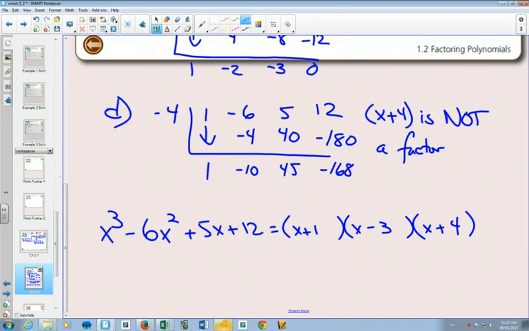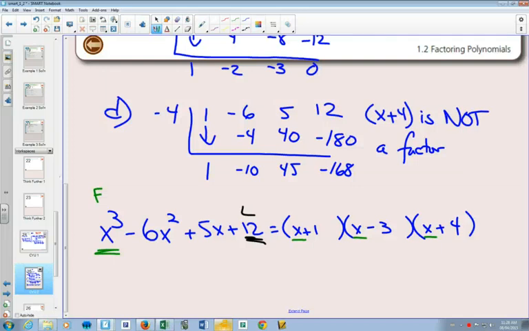Something that we can take from the factoring that we know already, okay? We know already that this one, when we did FOIL, came from our first ones. Can you see that my first ones are x, x, and x? That would give me x cubed. And this 12 came from my last ones.